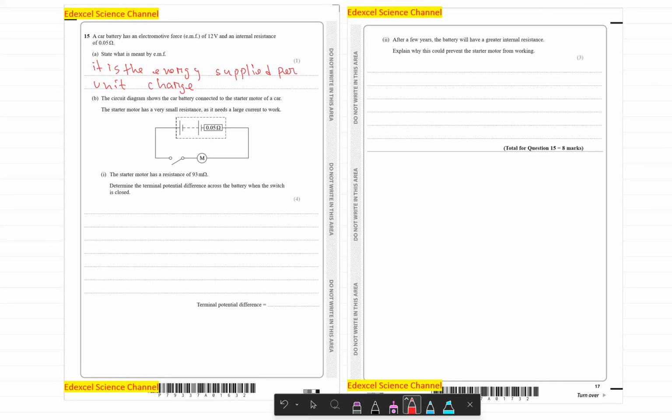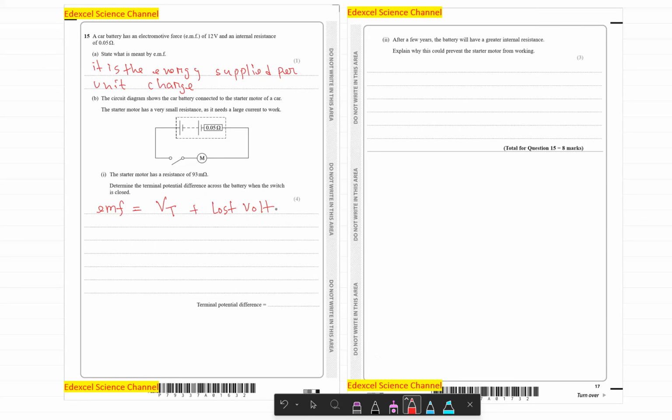So in this explanation, we can actually develop a formula which is that the EMF is going to be distributed among the terminal potential difference, which is, let's call it Vt, and the lost volts.